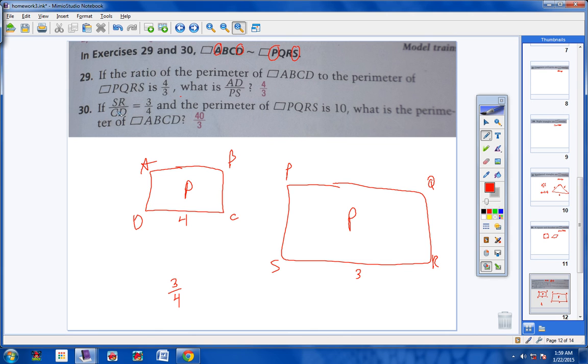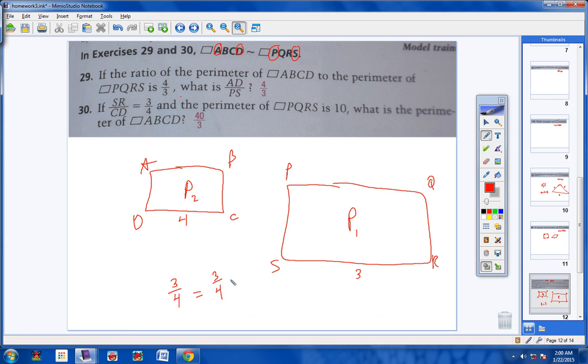So here's your two sides, SR and CD, and their ratio is 3/4, which means that the perimeter, we're going to call this perimeter 1 and perimeter 2, the perimeter going from here to here is going to be 3/4 also.